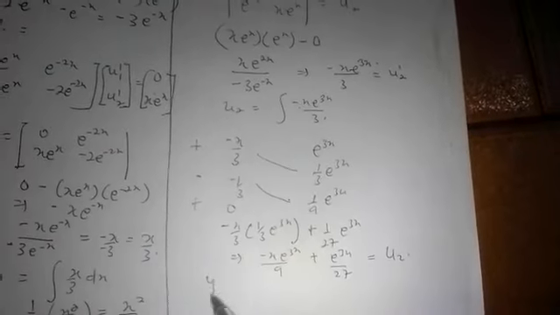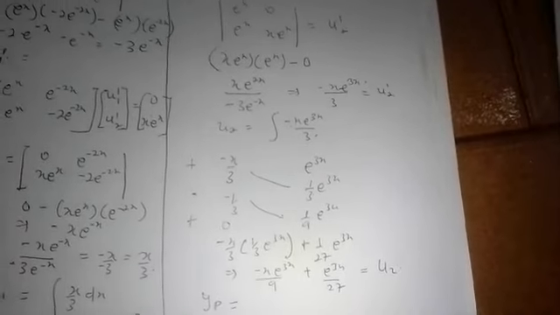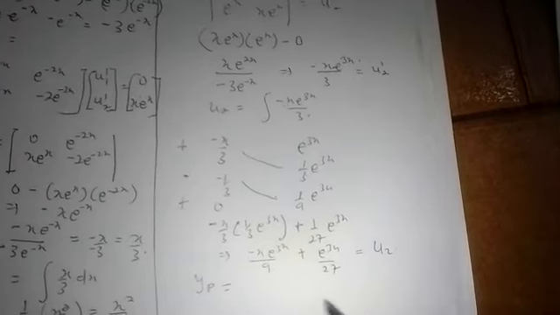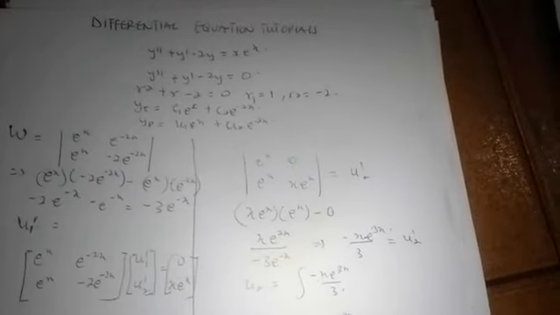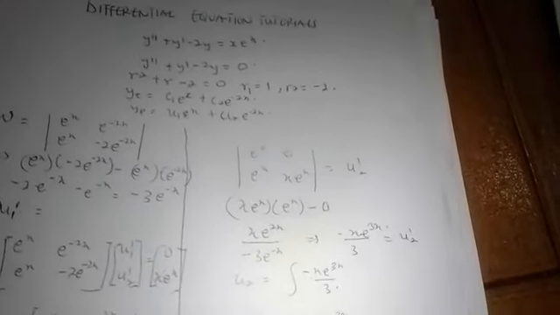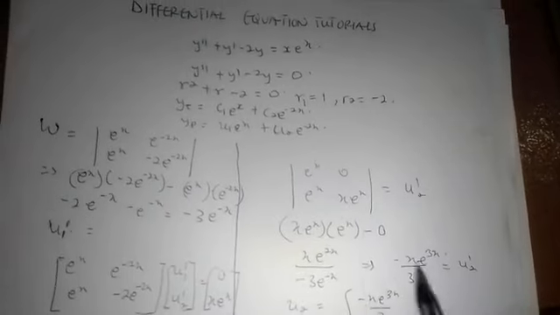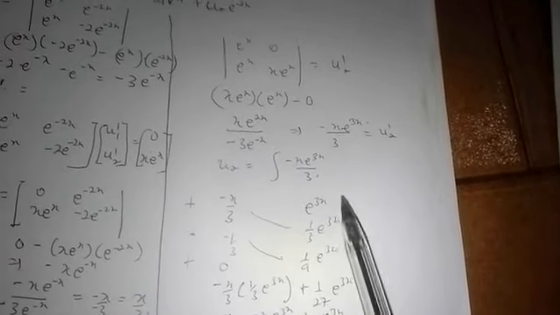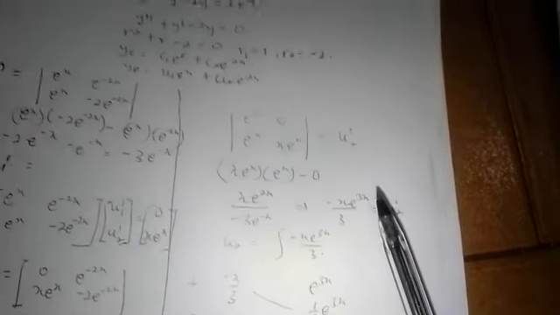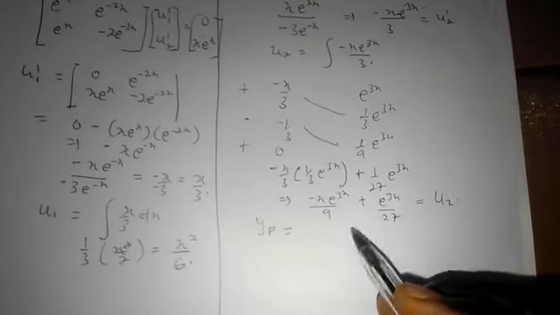So our yp is simply equal to the expression here, u1 e to the power x, where my u1 I got from here, and so it's equal to x squared over 6.